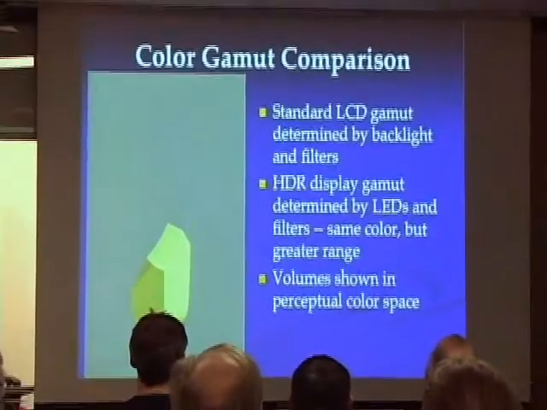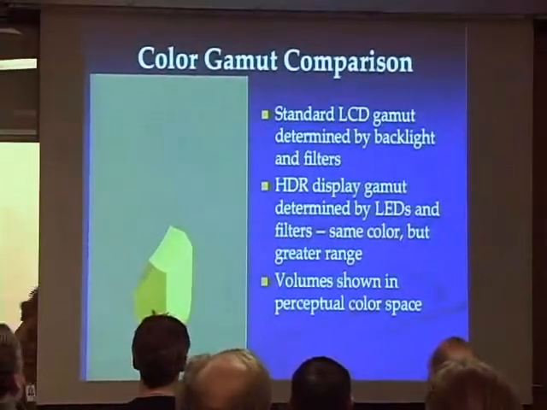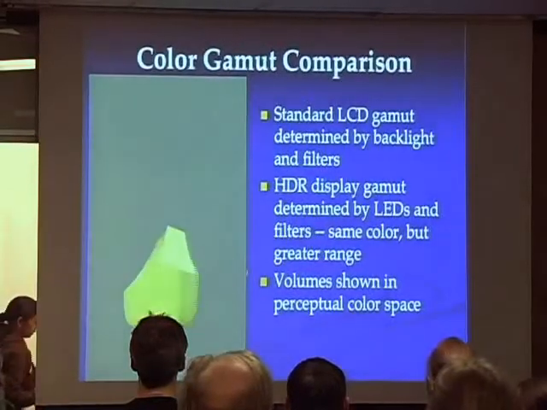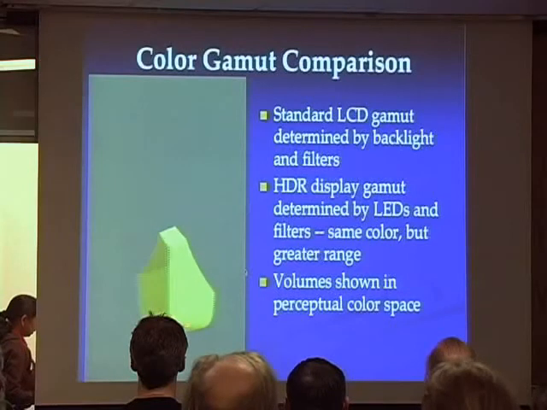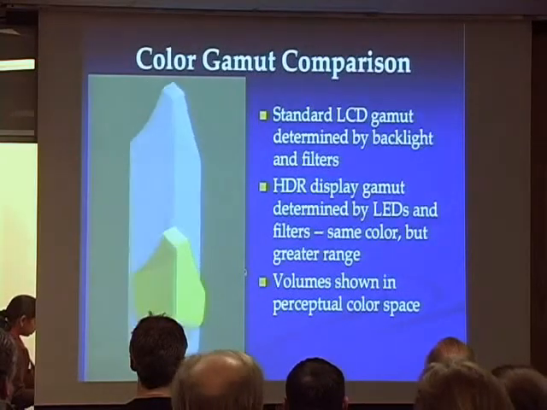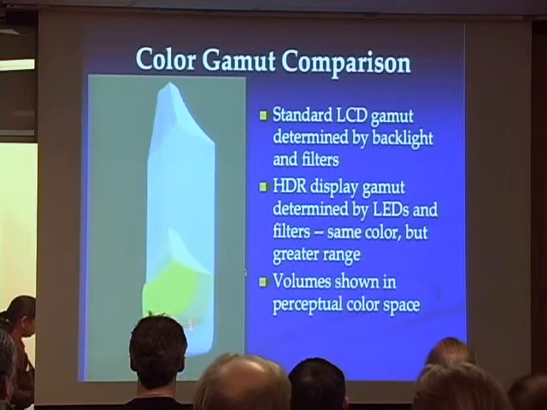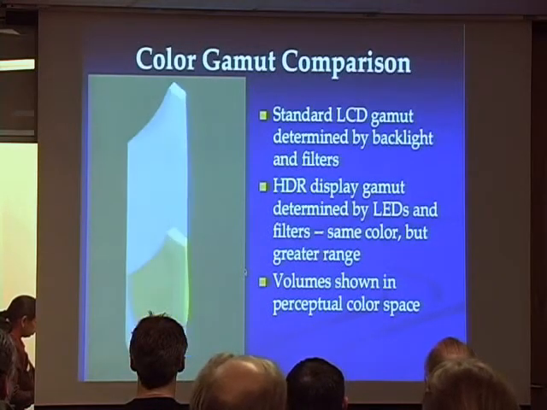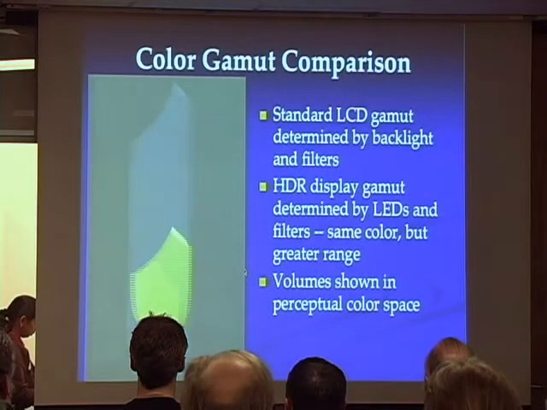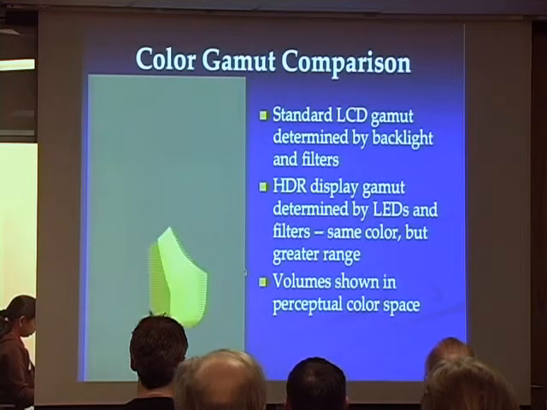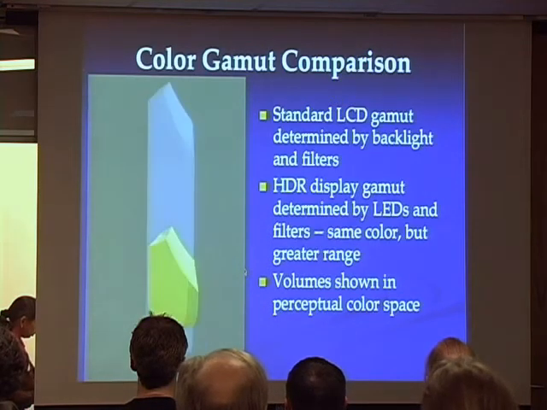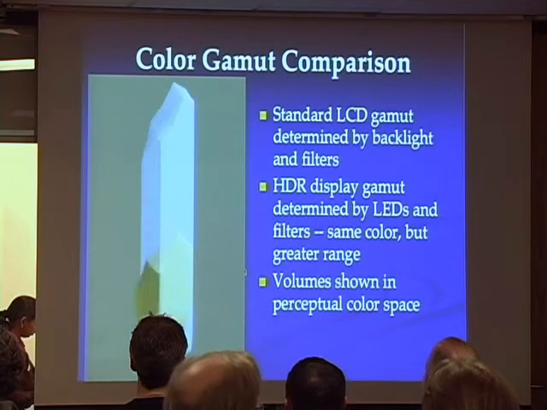Oh, so what kind of color gamut do we get out of this? So this is a standard sRGB gamut represented in a perceptual space. So we've used UV color coordinates, and then we've tried to map the luminance using a TVI function to get a rough idea of what the true volume is, but you have to ignore side to side relative to the top to bottom because you can't really relate luminance and color very easily.